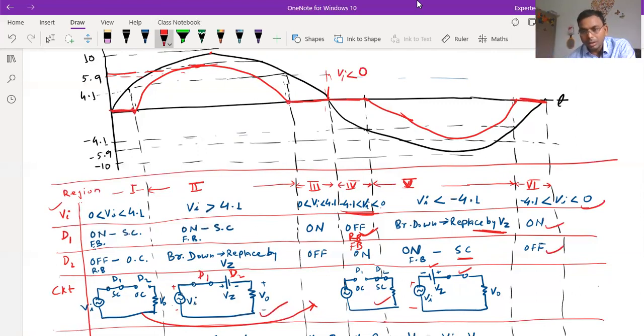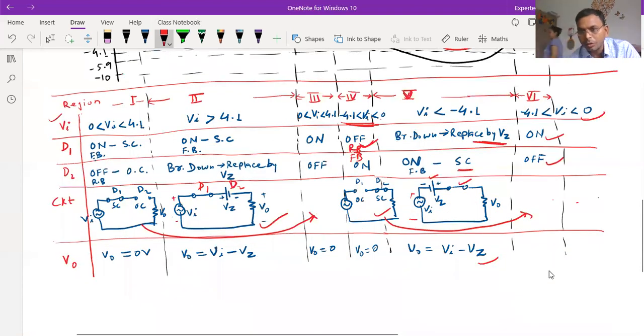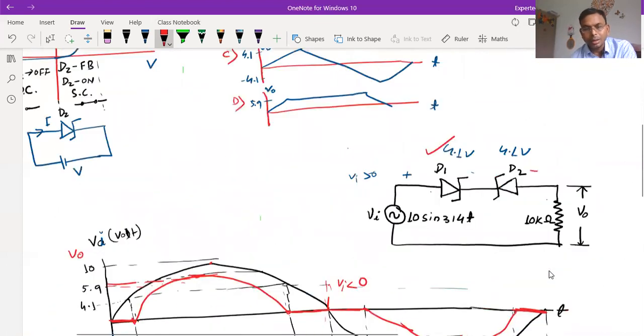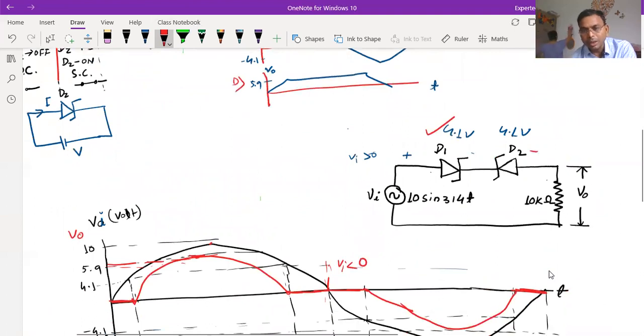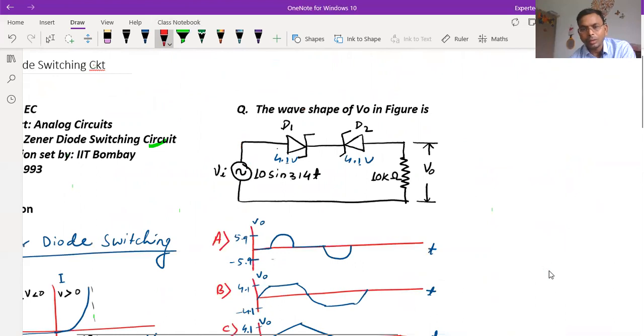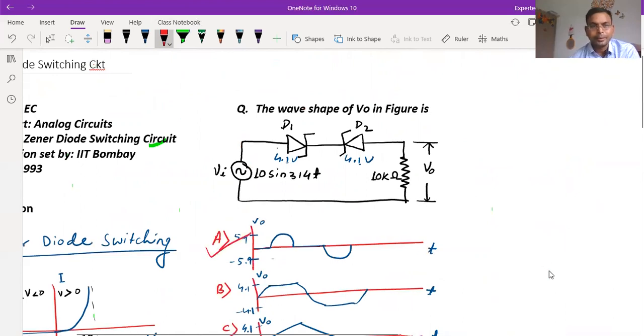So we can replace this circuit here, and what will be the output voltage then? The output voltage will be just 0 volt. VO will be equal to 0 volt. So we can connect here. This output voltage waveform is only in the first option, option A. So the answer is A. Thank you for watching this.